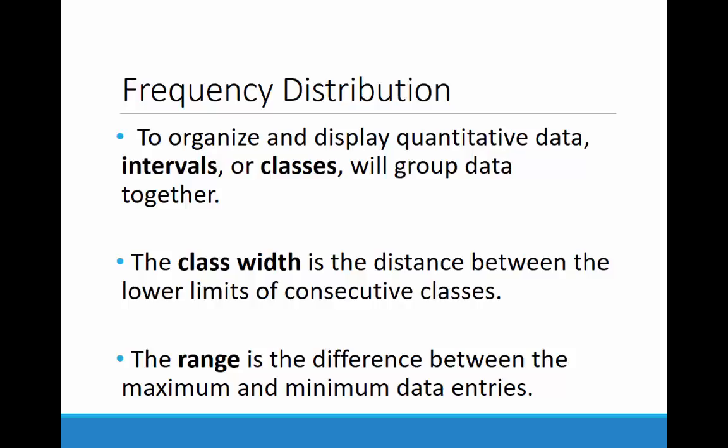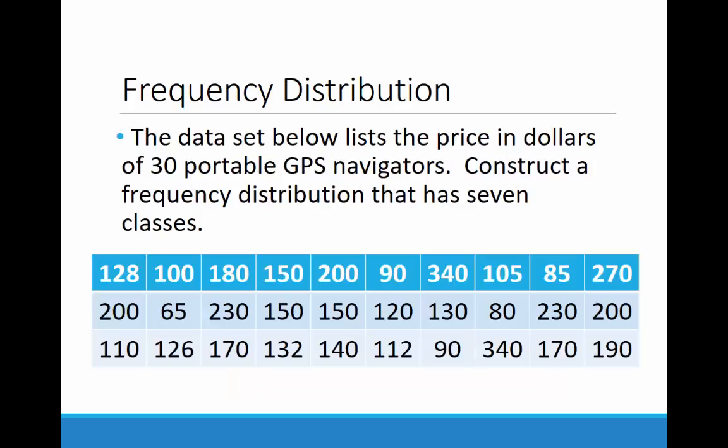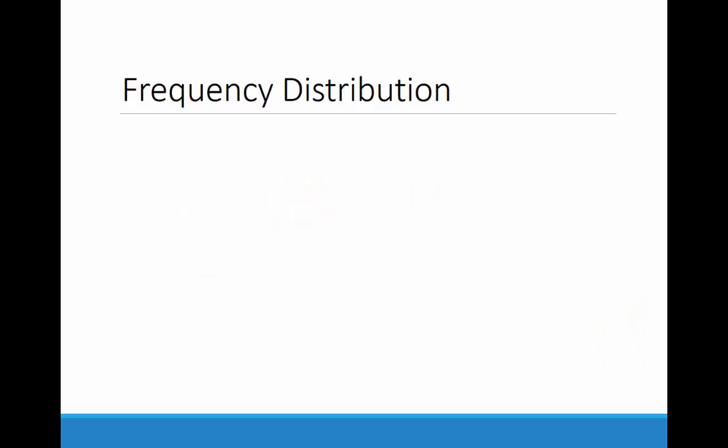Let's take a look at an example, this time dealing with quantitative data. The dataset below lists the price in dollars of 30 portable GPS navigators. Construct a frequency distribution that has 7 classes. Since the minimum data entry is 65 and the maximum data entry is 340, the range of this particular set of data is 275.